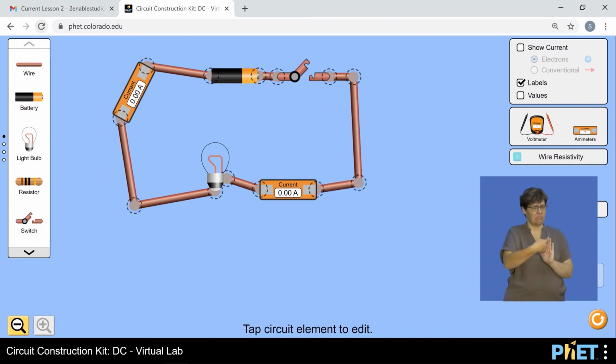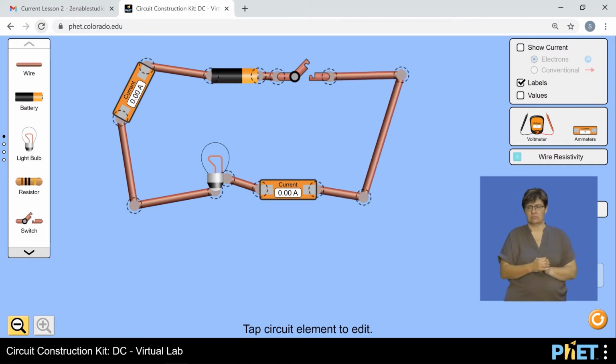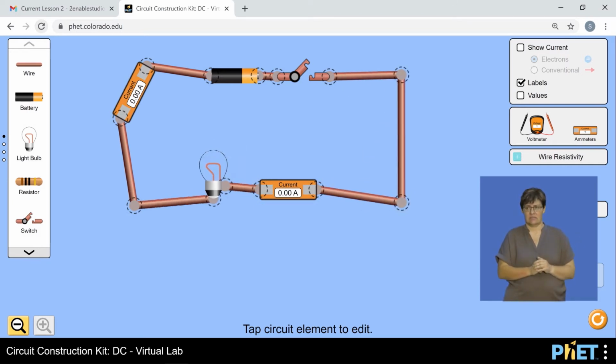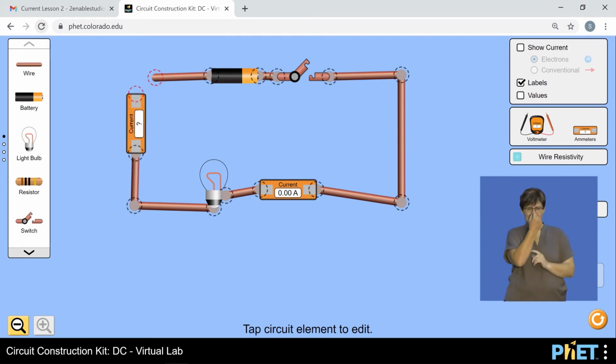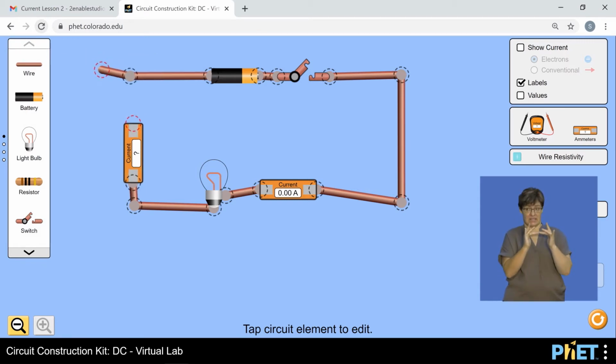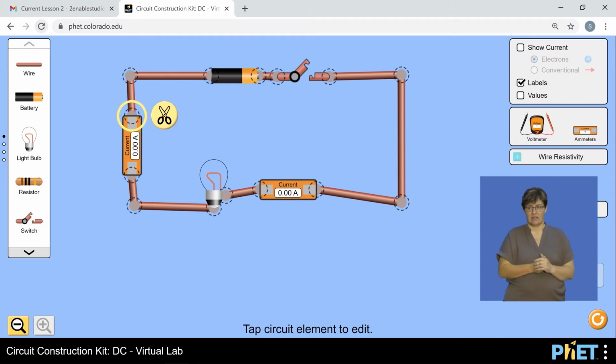We'll take that apart just to organize it. There is our circuit. We can also understand that when the circuit is connected, the current that flows through a single pathway stays the same, okay?